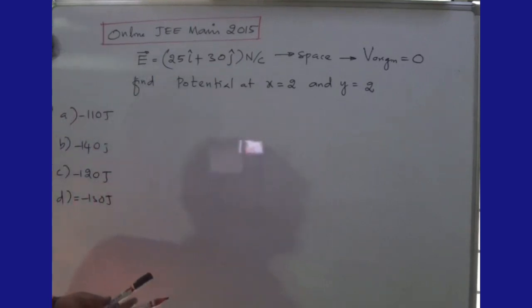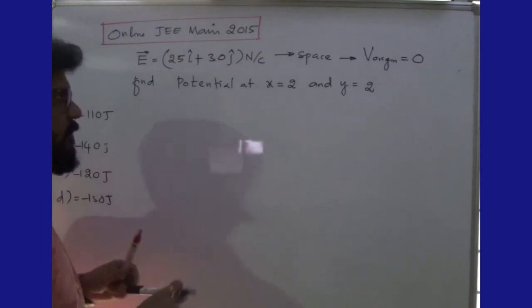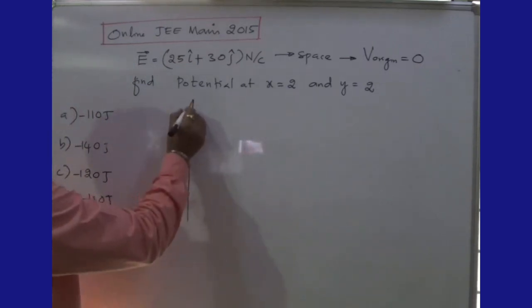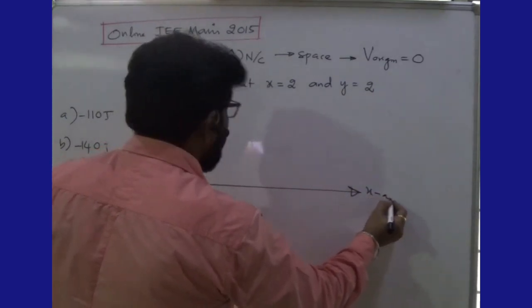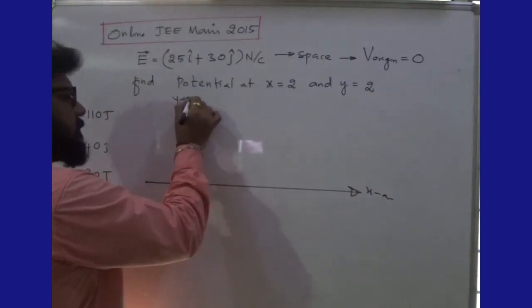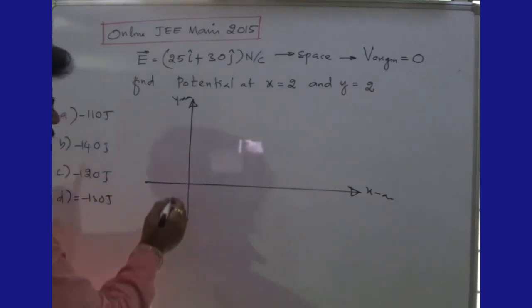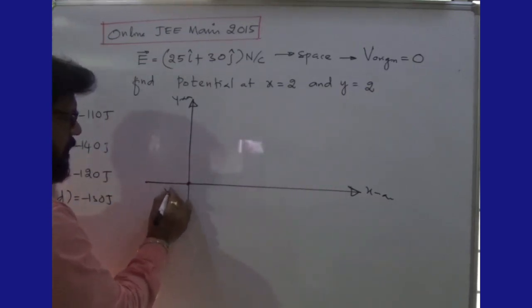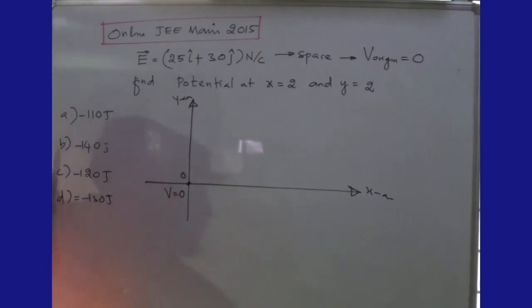So let us draw the graphical representation for this one, x and y, a 2-dimensional xy plane. Here at the origin, it is already given that V is equal to 0.